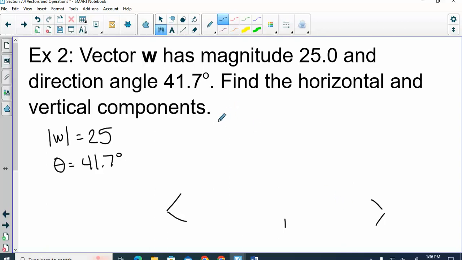And so all we have to do to get the x, it's the magnitude, which was 25, times the cosine of the angle. To get the y, we do the magnitude times the sine of the angle.